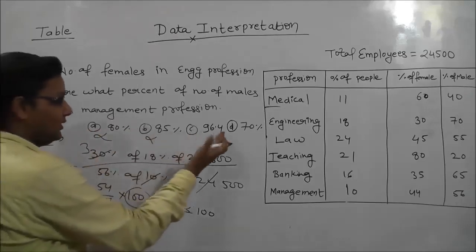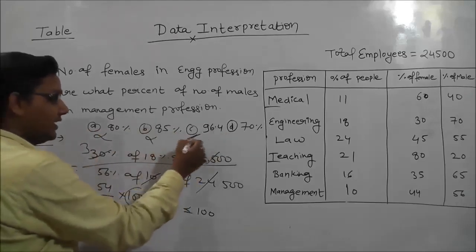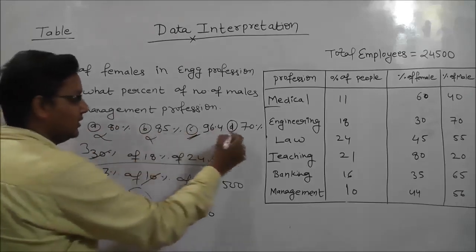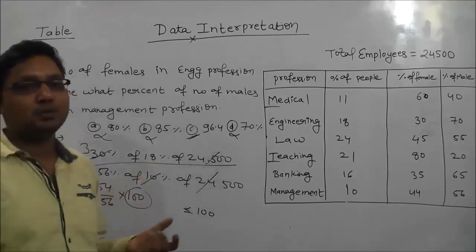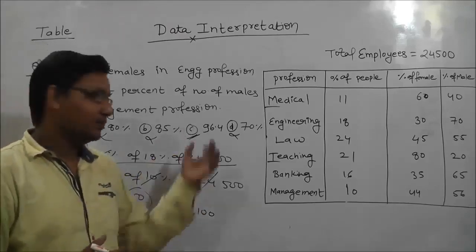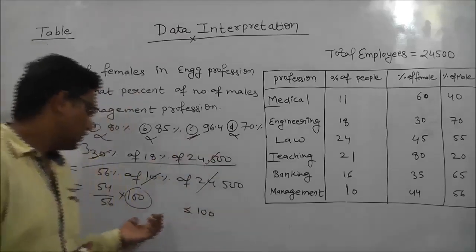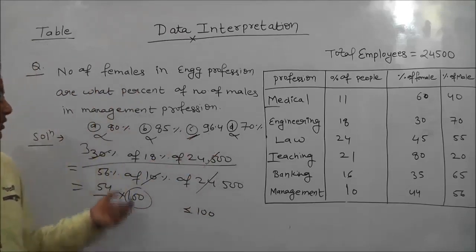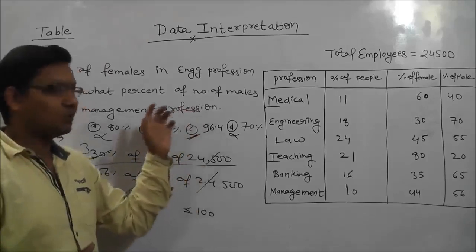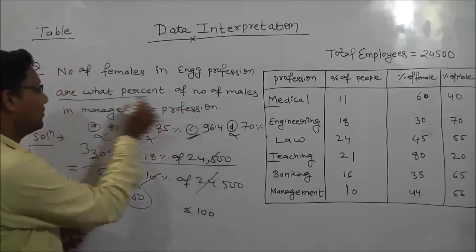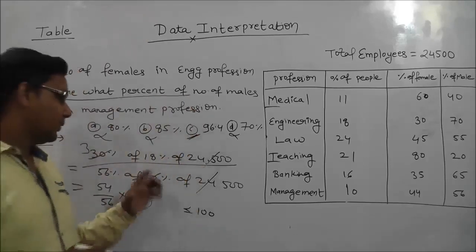So a little less than 100% can be the answer: 96.4%. So we can mark 96.4% as the answer of this what-percentage-of question. In questions of this variety, you can manipulate and mark the answer.